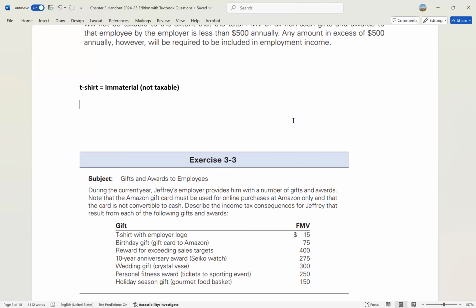It's for his birthday, a special occasion. That can be treated as non-cash, but is only up to $500. So what we'll do is add that amount to this section here. It is non-cash, but whether it's going to be subject to tax or not, we have to add up all the non-cash gifts to determine whether or not any amount will be subject to tax.